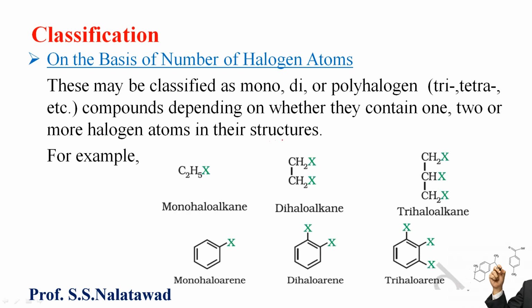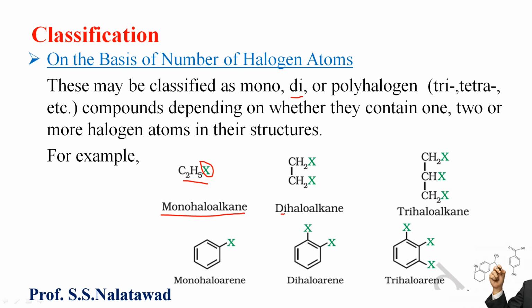For example, in monohaloalkane, mono means single or only one. One halogen atom is attached to the alkyl group. So this is ethyl halide. Ethyl halide is a general name. So we call it monohaloalkane.